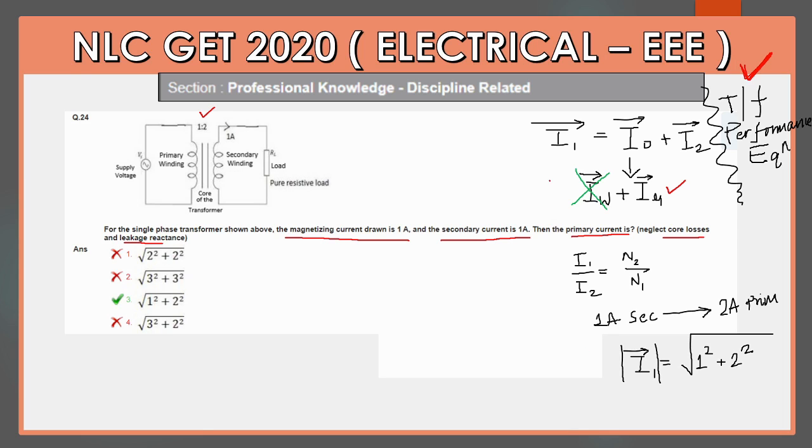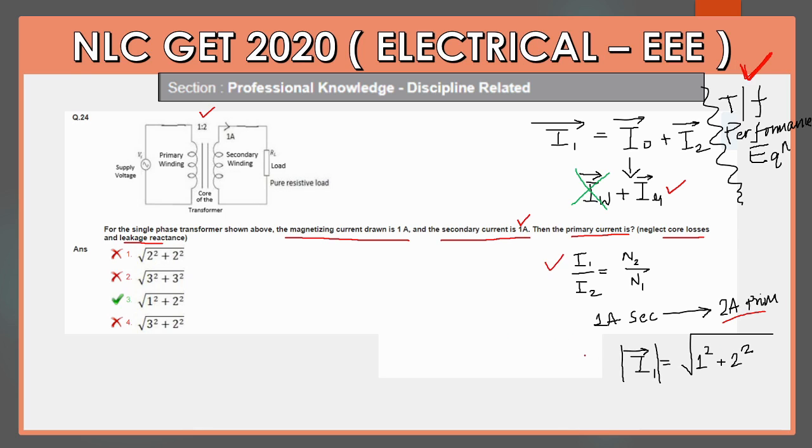So finally, I1 vector equal to I mu plus I2. So secondary current is 1 ampere. If you transfer it to the primary side, it will become 2 ampere. We know that I1 by I2 equal to N2 by N1. So 1 ampere secondary, if you transfer to the primary side, it will become 2 ampere.